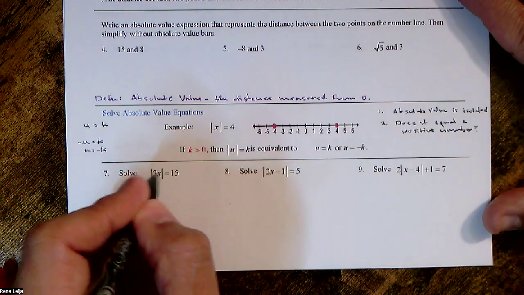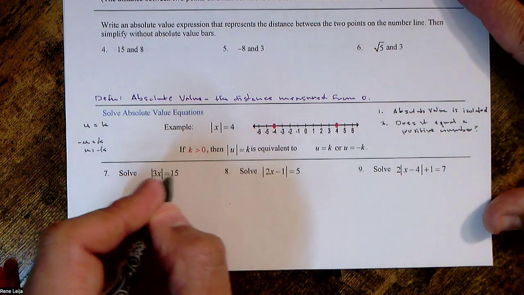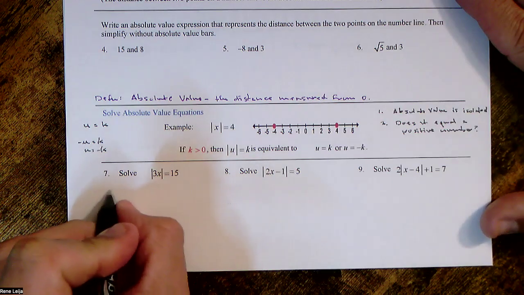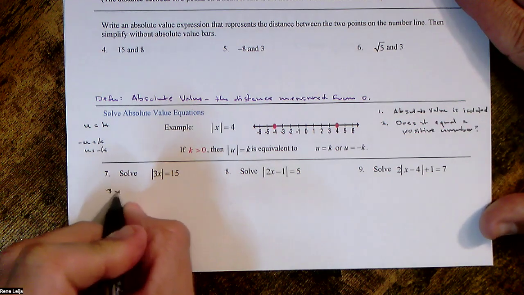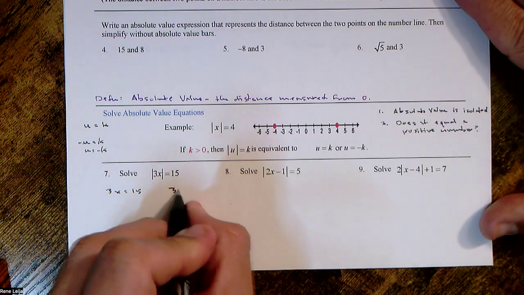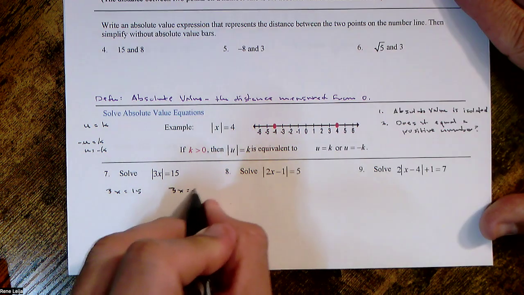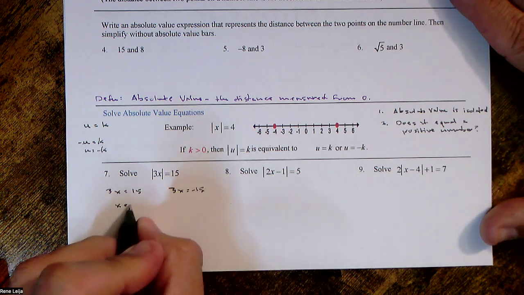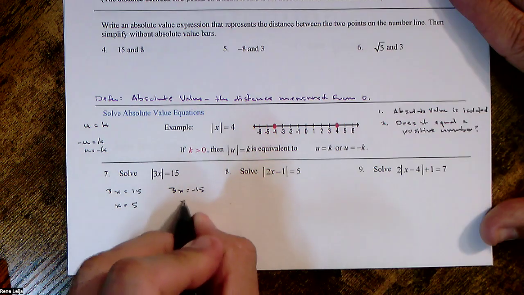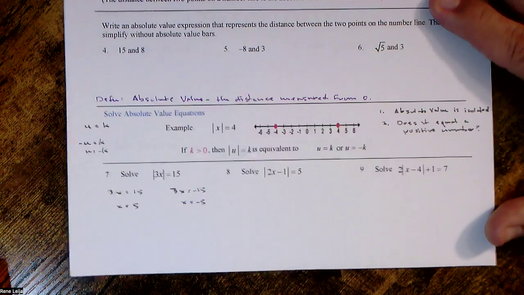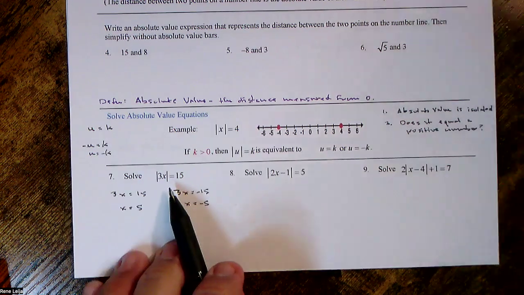So since my absolute value is by itself and it does equal a positive number, we are good. So my first equation is going to be 3x equals 15. And then my second equation is going to be 3x equals negative 15. So when we quickly solve this, we're going to get that x is equal to 5 or x is equal to negative 5.